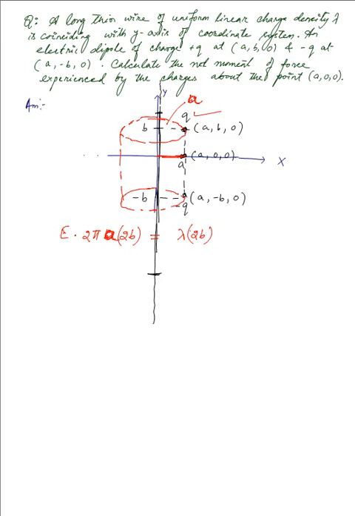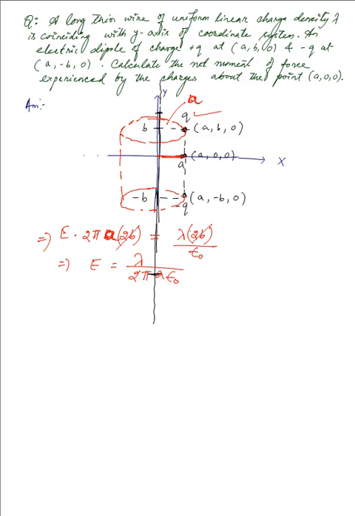So this is the amount of charge enclosed over epsilon naught. This is going to give me the value of the electric field. So 2b gets cancelled out, and what we are left with is E equal to lambda over 2 pi a epsilon naught. That is going to be the expression for the electric field at those points.